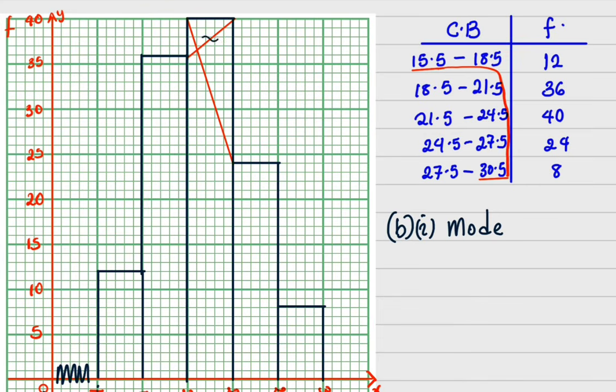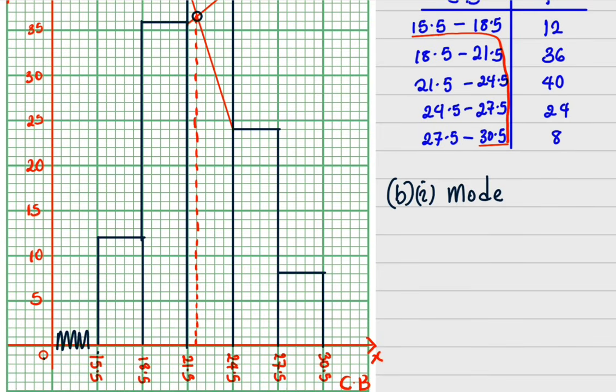So you will take note of the point of intersection. This is the point of intersection. From there, you will now read off your value downward to the x-axis. So now I have it here, and this juncture at this point is going to be my mode.